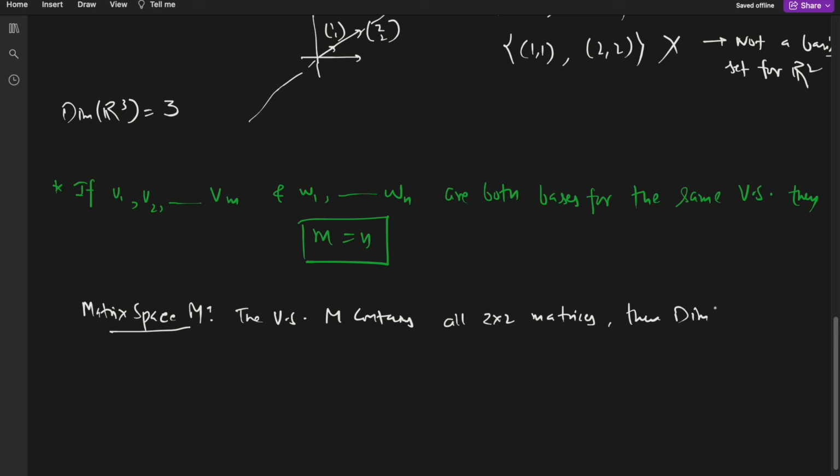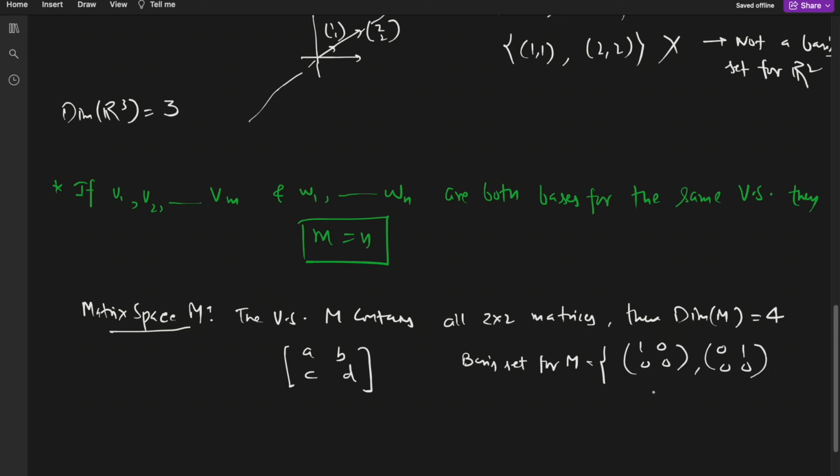The dimension of this vector space M is 4. How? Because any matrix in M can be written as a, b, c, d, since it's a 2 cross 2 matrix. And the basis set for M is what? It is these four matrices: [1 0; 0 0], [0 1; 0 0], [0 0; 1 0], and [0 0; 0 1], right?